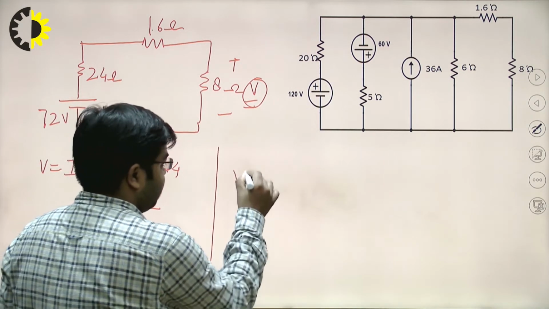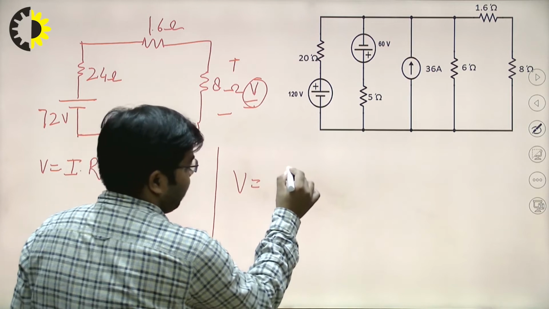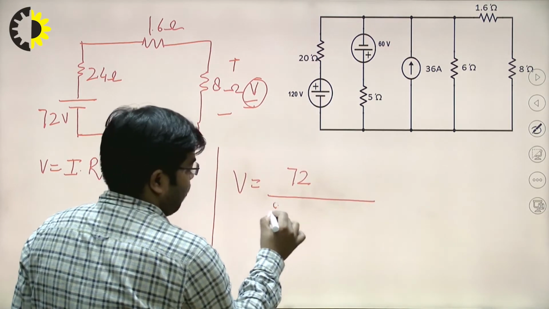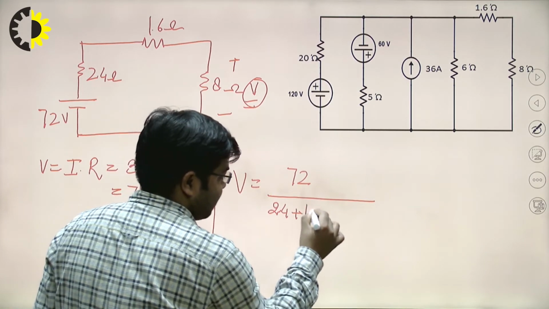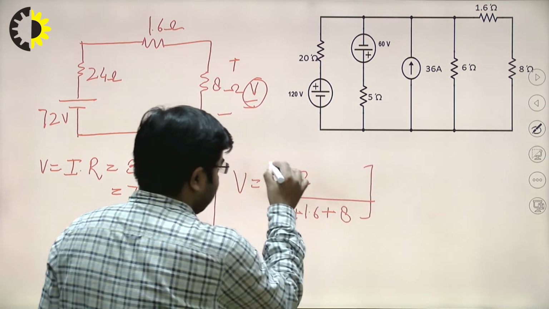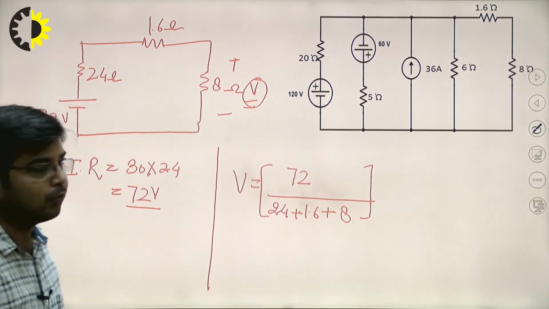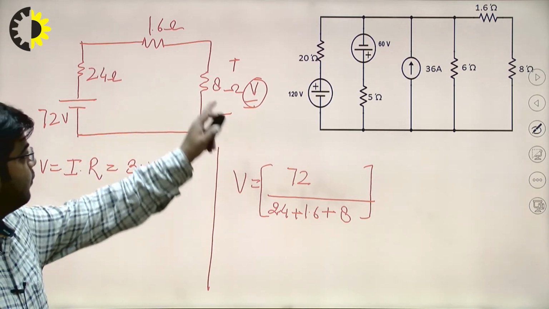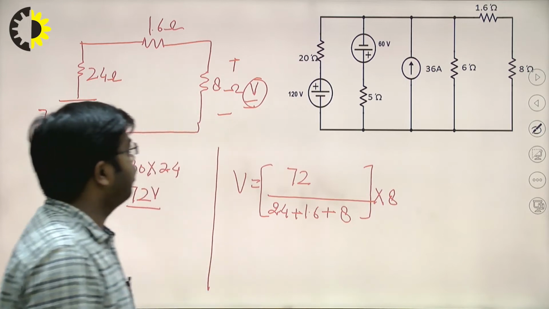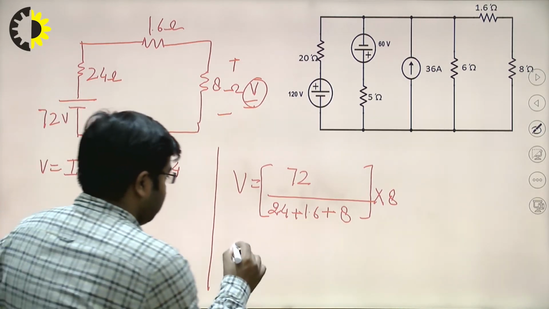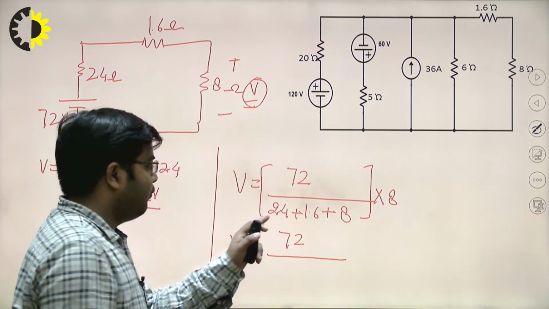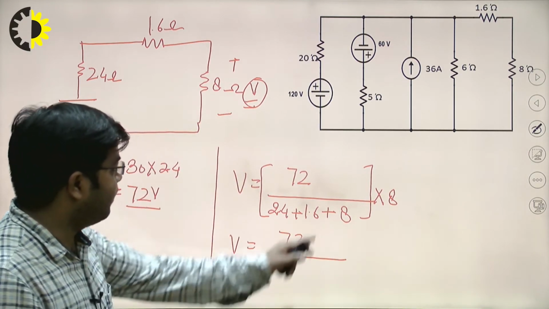So the voltage V is equal to the total input supply voltage, that is 72, divided by the total resistance 2.4 plus 1.6 plus 8, then multiplied. So this will give the current value. When you multiply this current value with the 8 ohm resistance, you will get the voltage drop across this 8 ohm resistance. So you can write 72 divided by 2.4 plus 1.6 plus 8.